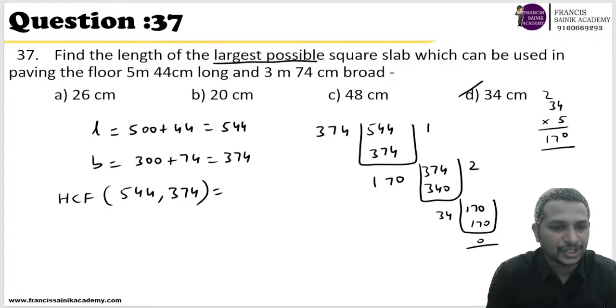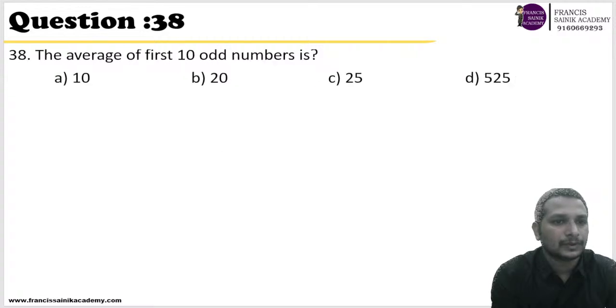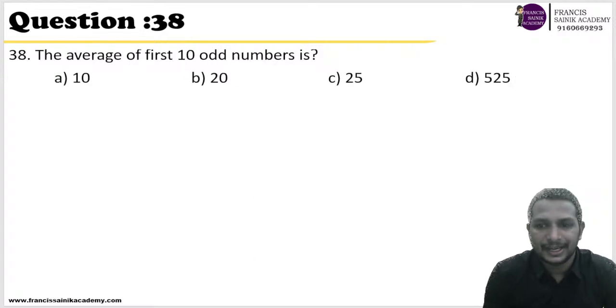Coming to the next question. Question number 38. Here, the average of first 10 odd numbers.